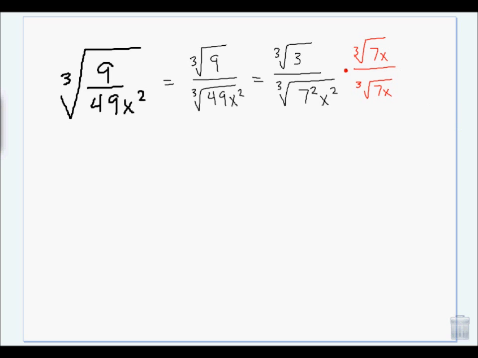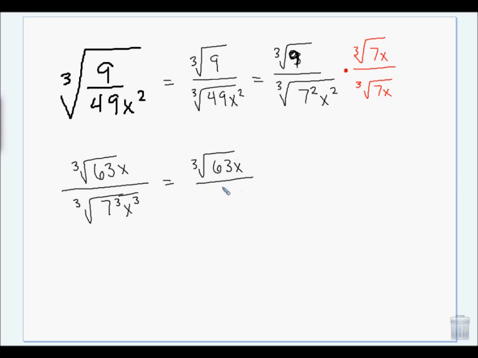Whoa, that's not supposed to be a 3. That's a 9. I don't know why I did that, sorry. So then this is the cube root of 9 times 7x, so 63x, over the cube root of 7 to the third x to the third, right? Because 7 squared times 7 is 7 to the third. So I get the cube root of 63x over 7x.